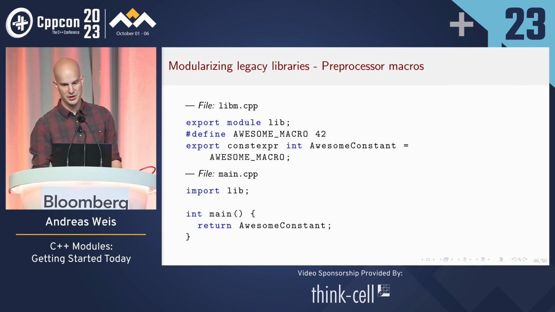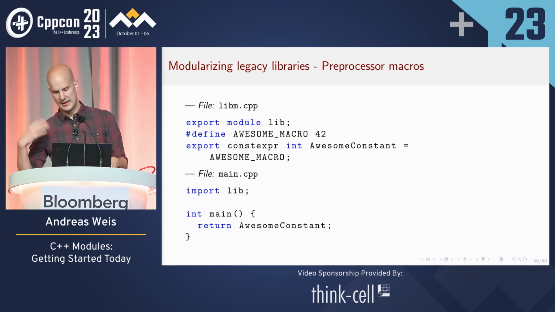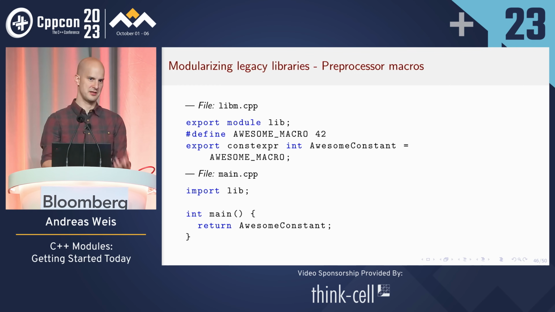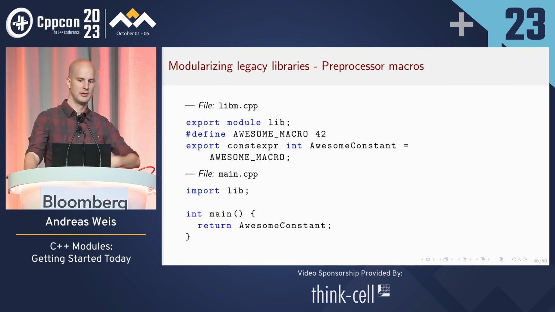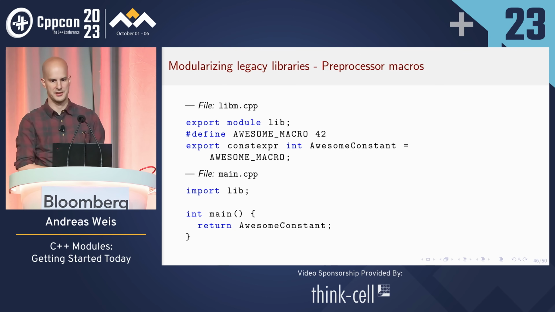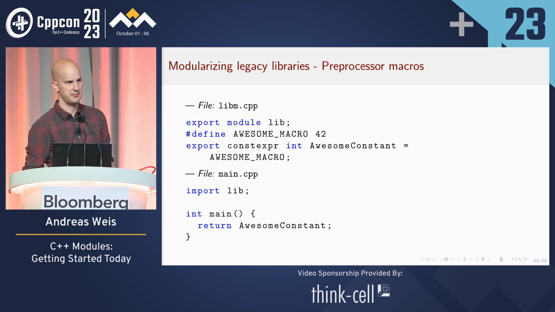A much cleaner solution is to invest a little bit more work and actually expose the preprocessor related stuff in a form that does not rely on the preprocessor. This requires some refactoring, but you could, for example, instead of using macros for numerical constants, use nice constexpr variables, and maybe you will find a replacement for some of the more complicated macros as well.